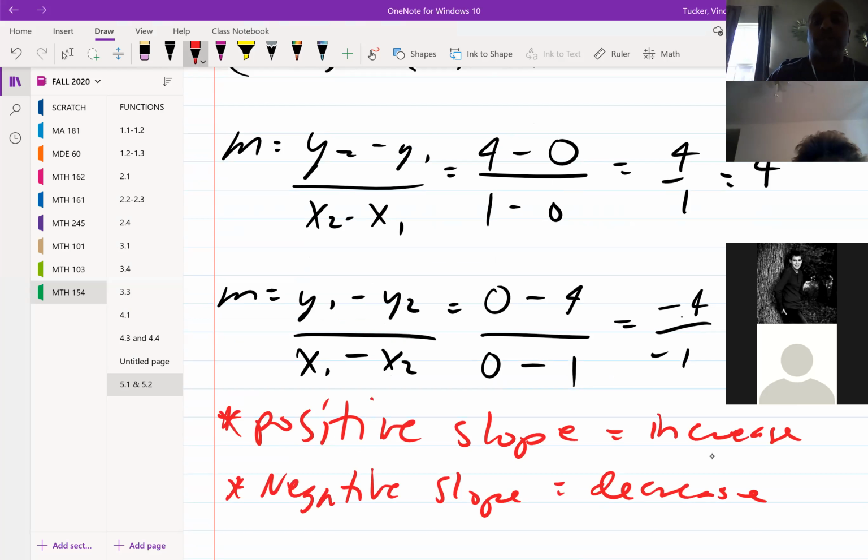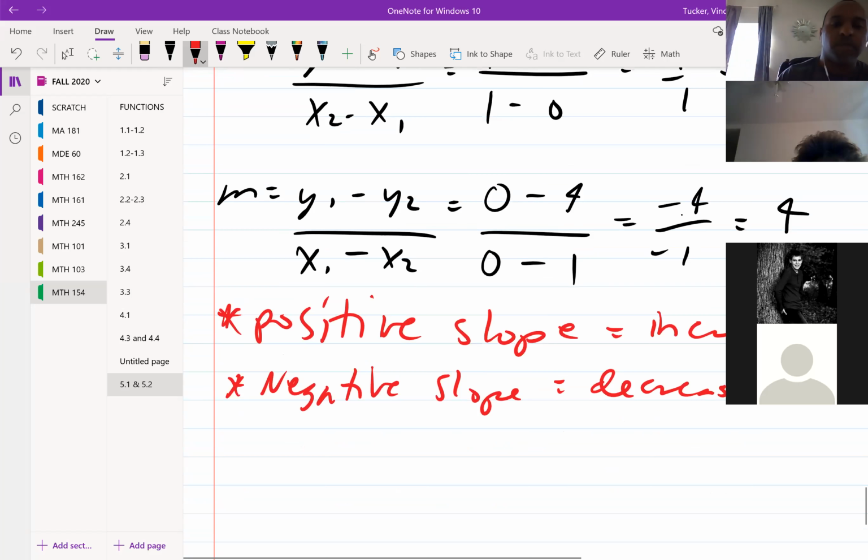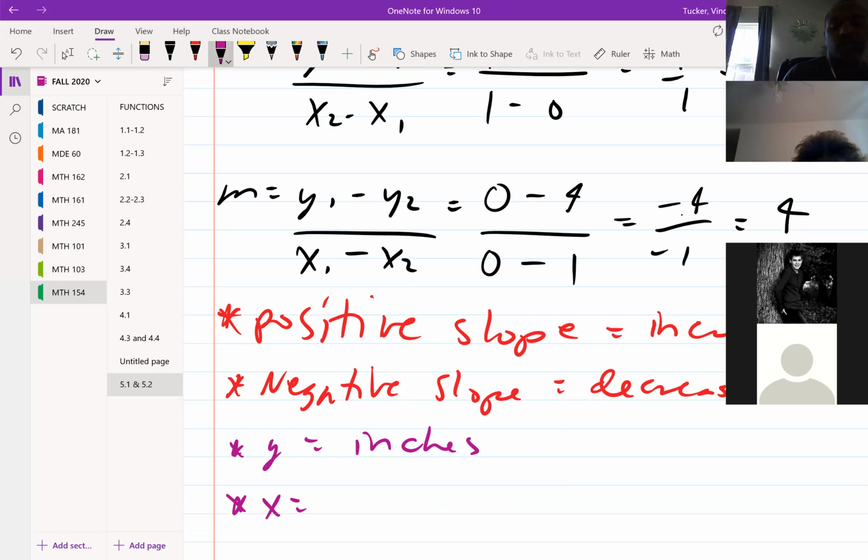Then also make sure we're okay with what y represents and what x represents. When you go to your chart, let me go here, right, purple. y equals inches. And then x equals, I think it was hours.